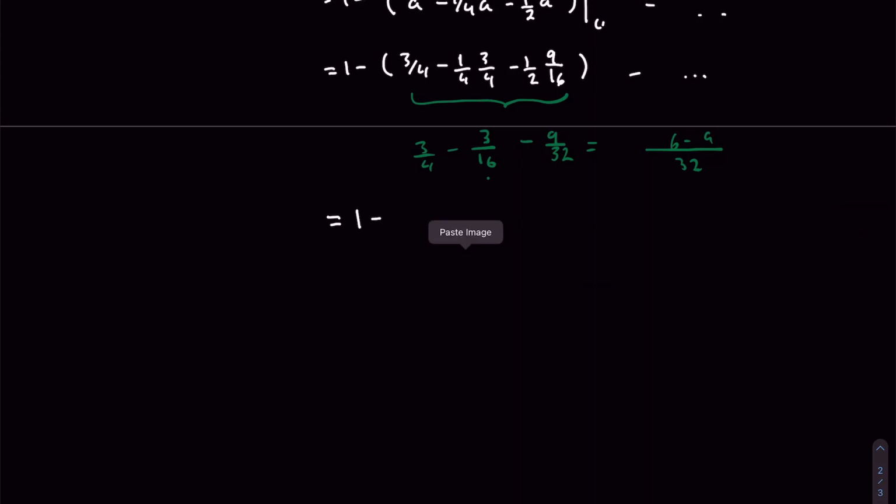And here we have to take 4 times 2, so that's times 8. 8 times 3, 24. 24 minus, and this whole thing becomes now minus 15, 9/32.